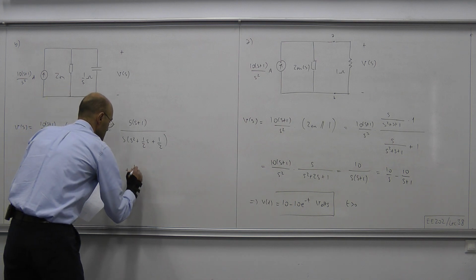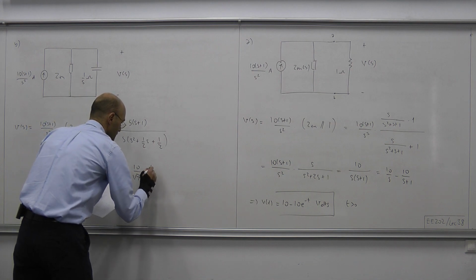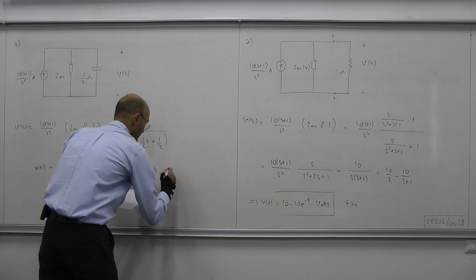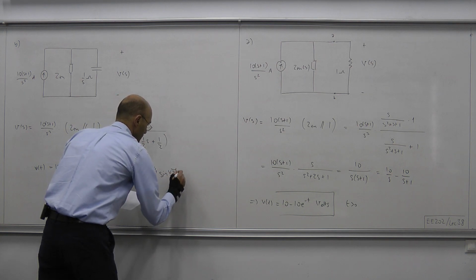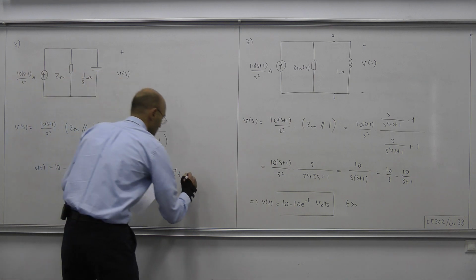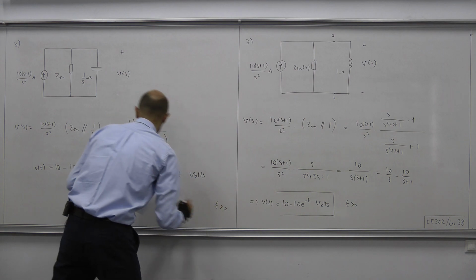Okay, plus 10 over square root of 7 e to the minus t over 4 times sine square root of 7 over 4 t volts. Okay, for t positive.